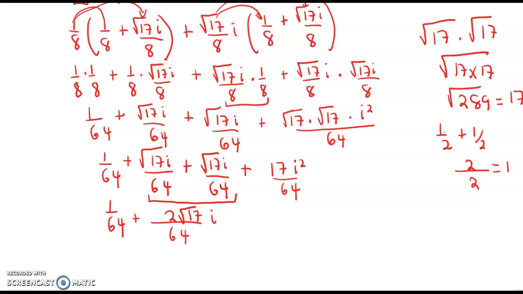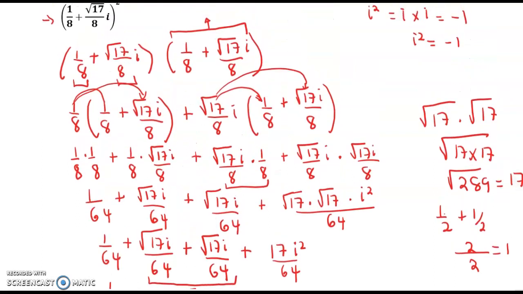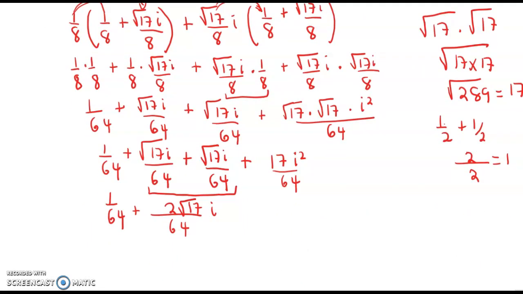Now, remember at the beginning I said i squared. If you multiply the imaginary unit by itself, it is the same as -1. So in place of i squared, we're going to plug in -1 and divide by 64.